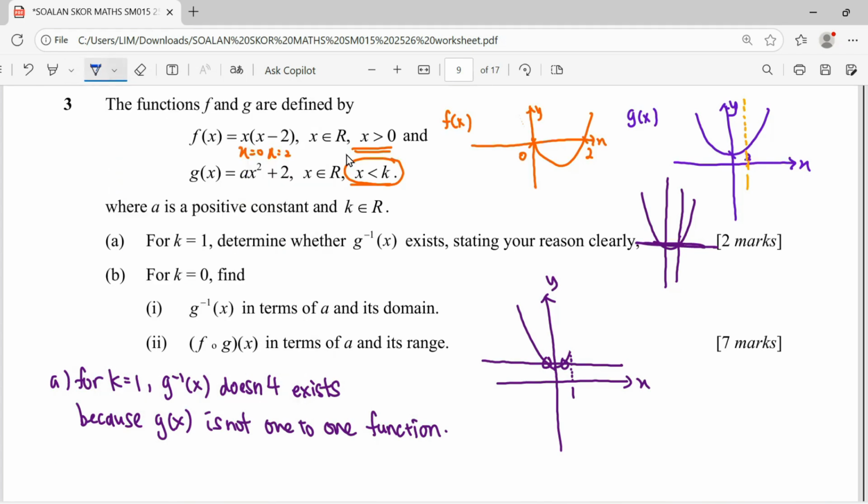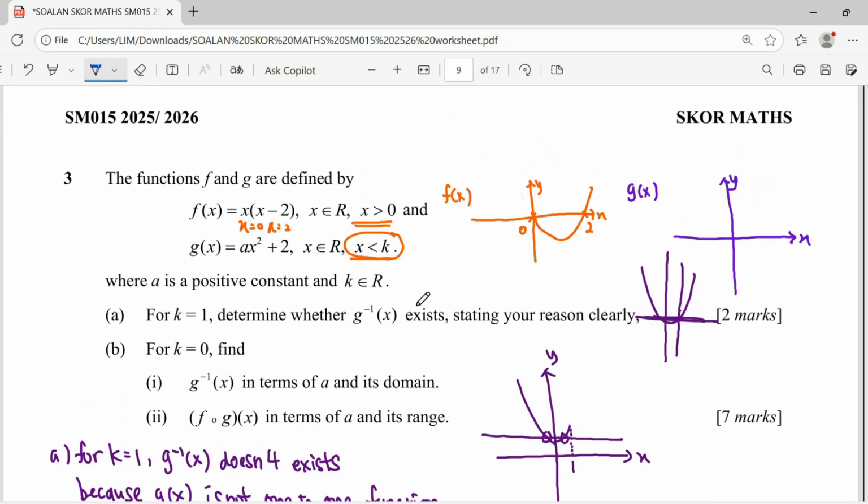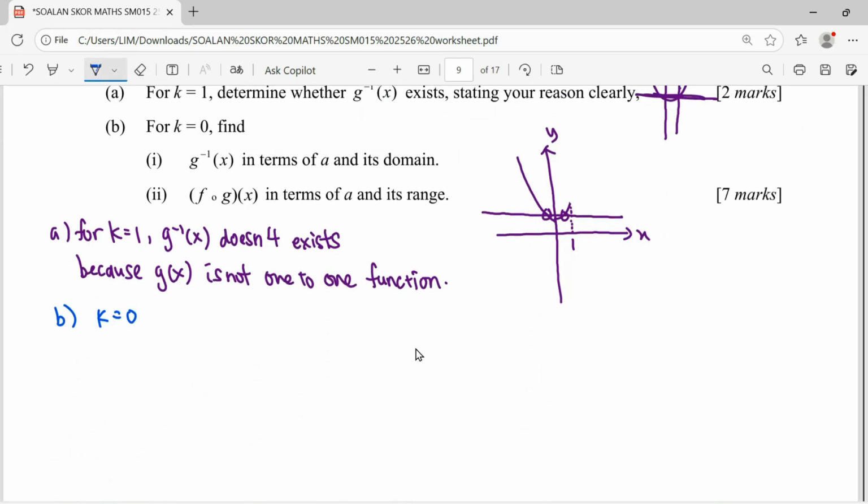For part B it changed to k equals 0. So k equals 0 means definitely at the middle here. For k equals 0, now our graph will be x less than 0, so only here, 2.